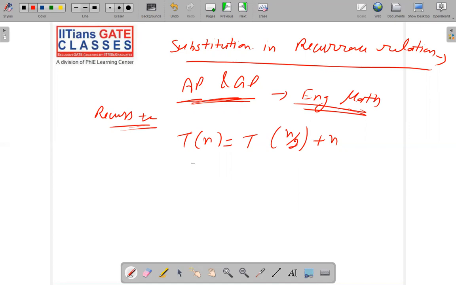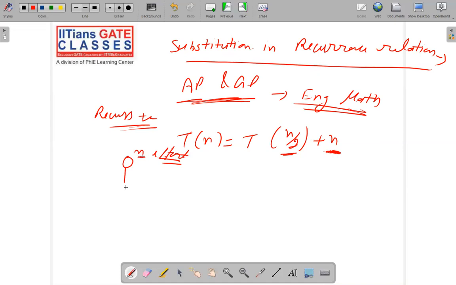It's saying that each time we split it, the input becomes n by 2, but the effort is n on the first level. For example, n is the input here. The effort applied in the initial node to solve the problem is n.